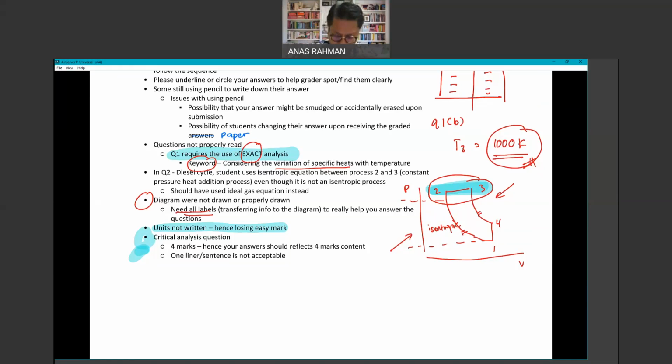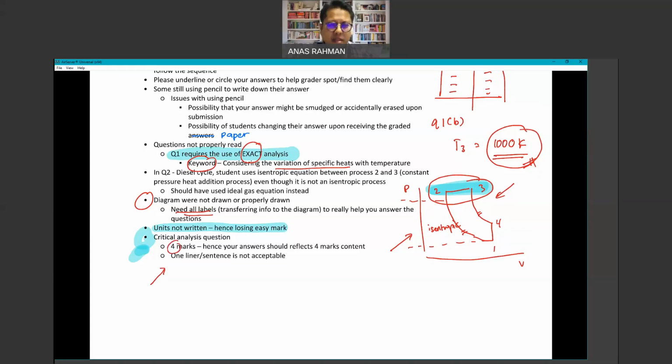And most students, unfortunately, fail to give a satisfactory answer because they did not look at the marks given. For example, both questions have the critical analysis part, question 1D and question 2D, and 4 marks were given for each of the critical analysis questions.